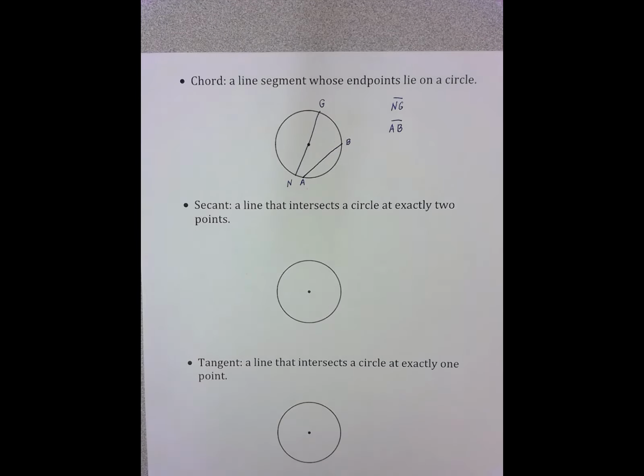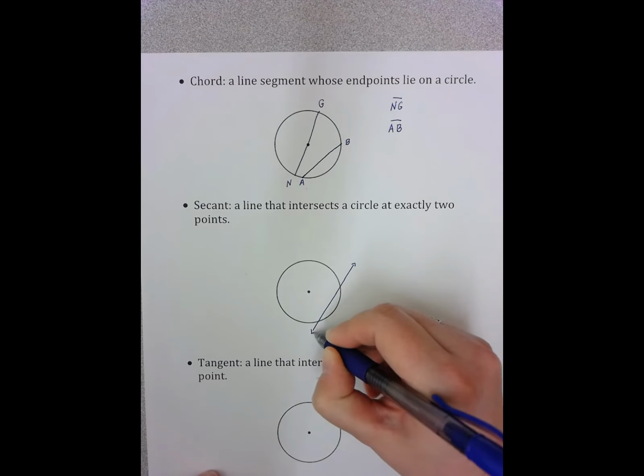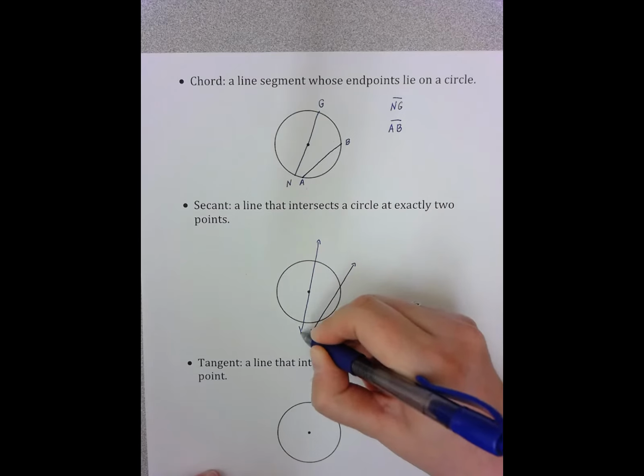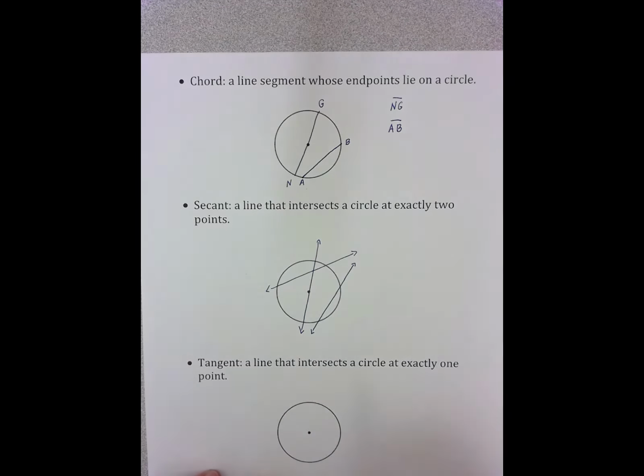Secant is sort of in relation to chord. It is a line instead of a line segment that intersects the circle at exactly 2 points. So there's one secant, here's a second secant, here's a third secant. Each and every time these are the 2 points that they're intersecting.